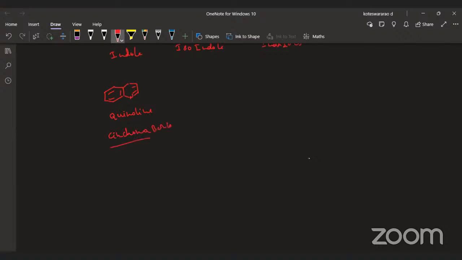Based on that name, it is the source. In the Indian origin we say cinchona, but in different origins it has different names. For that reason, it is called quinoline. This is isoquinoline.